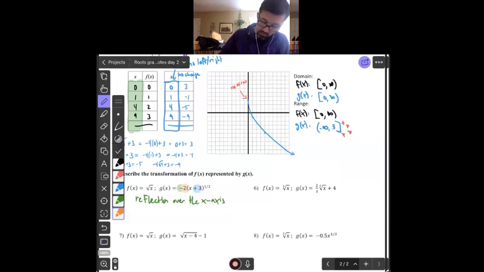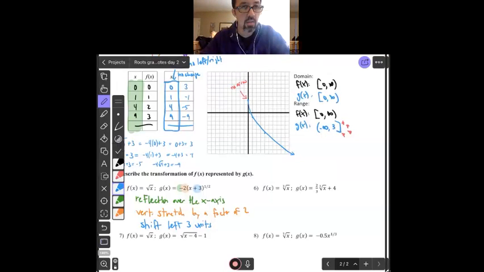It's the vertical stretch by a factor of 2. It's that shift left 3 units. You should be really good at those. You have done those multiple times.